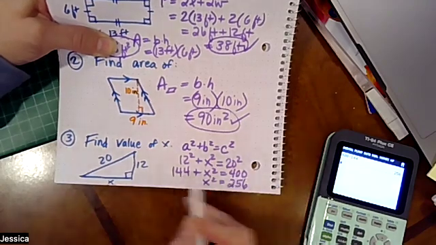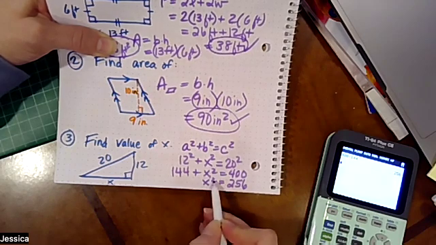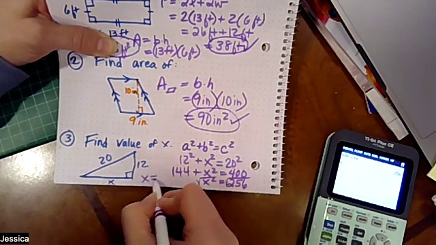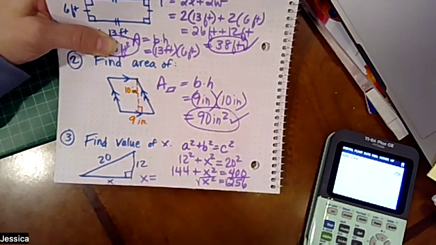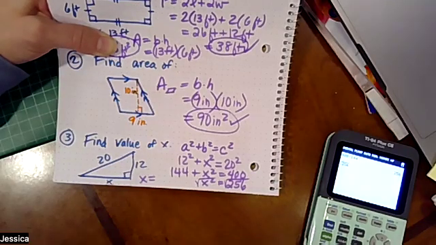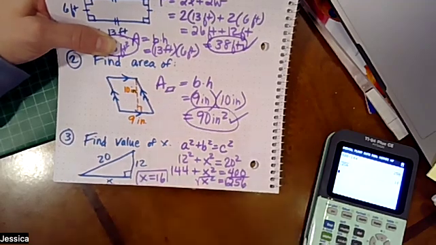So subtract 144 on both sides, you get 256. And notice x is squared. So the opposite to solve is square root. So if you get x equals square root of 256, if I'm correct, that's 16. Yeah. So this side right here is 16. Okay, so good job. I hope you got all those.